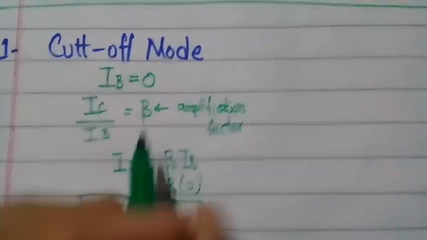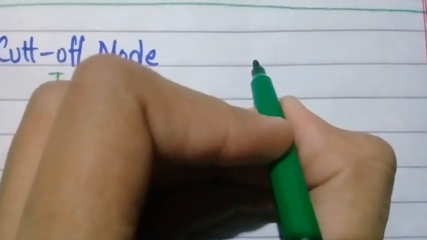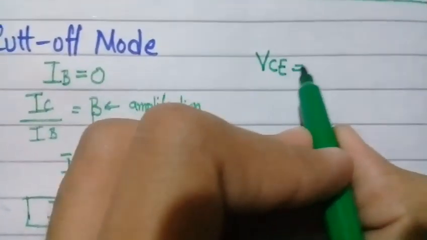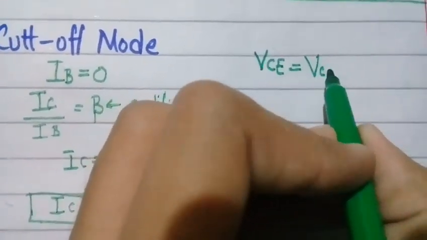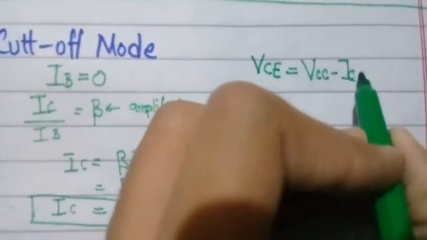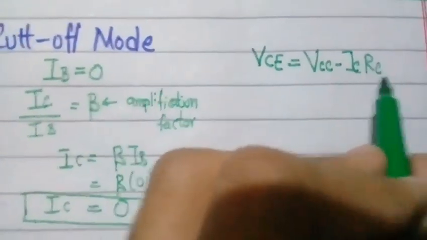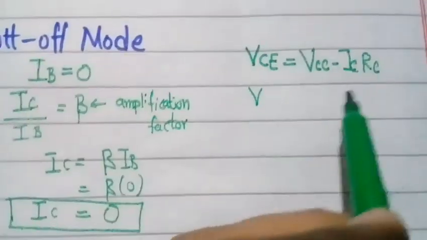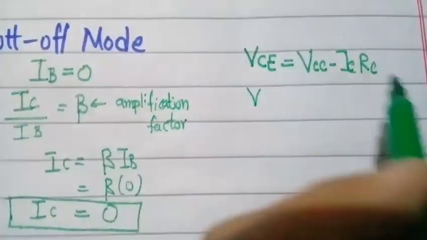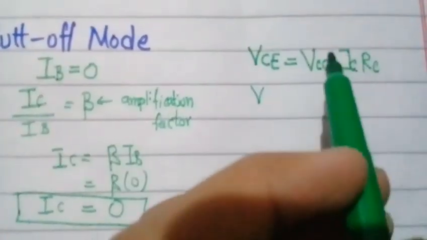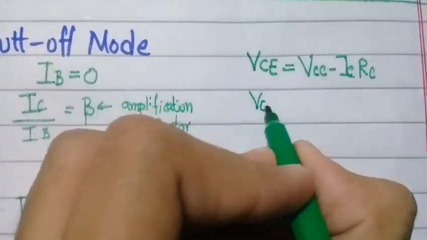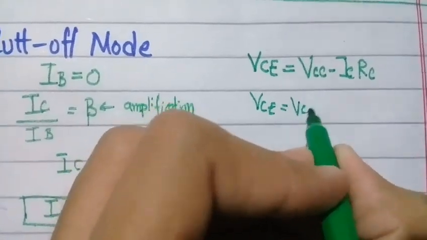So for IC equal to 0, we learn some formula that VCE, the collector and emitter junction of the transistor, is VCC minus IC into RC. This is the formula which we will derive in common emitter configuration. The battery will supply voltage VCC to the resistor, and when IC is equal to 0, VCE will be equal to VCC.